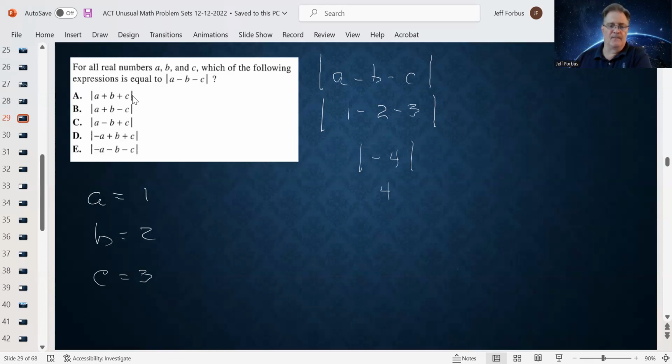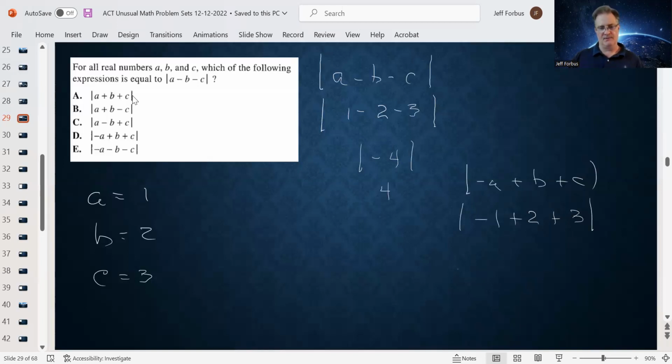I'm just going to jump to the answer. And the answer on this is answer D. So let me work it right here. So the absolute value of negative A plus B plus C. So that's going to be a negative 1 plus 2 plus 3.